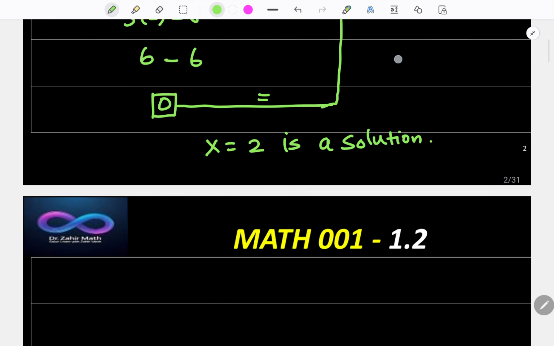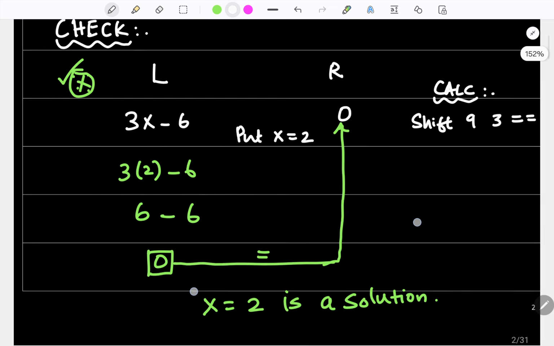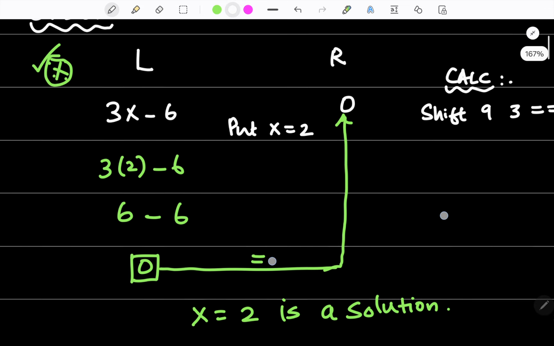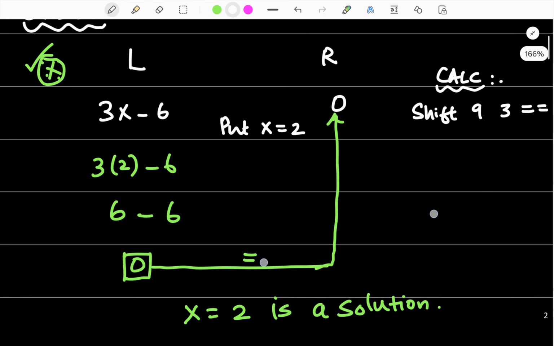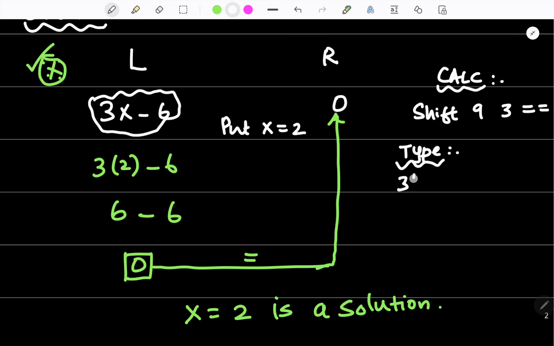How to check it in the calculator. Take your calculator and restart it: Shift 9 3 equal. Once you restart your calculator, type the equation 3x minus 6 equal to 0. 3 and then x.